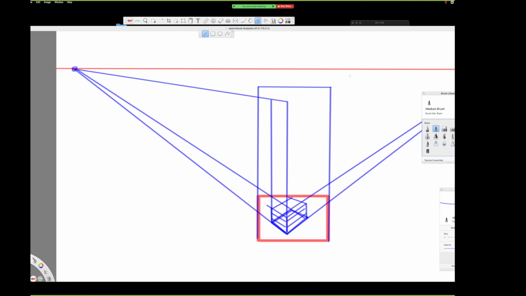Because it's closer to the horizon line. It's closer to your eye level. If that stack of books kept going up to eye level, that'd be a horizontal line, wouldn't it? The top of that stack of books. Went above eye level, all of a sudden that stack of books will move downward to the vanishing point.